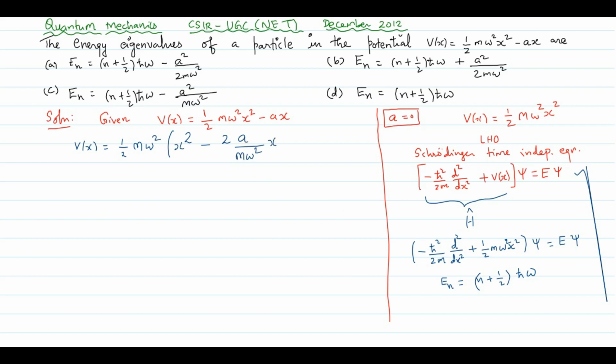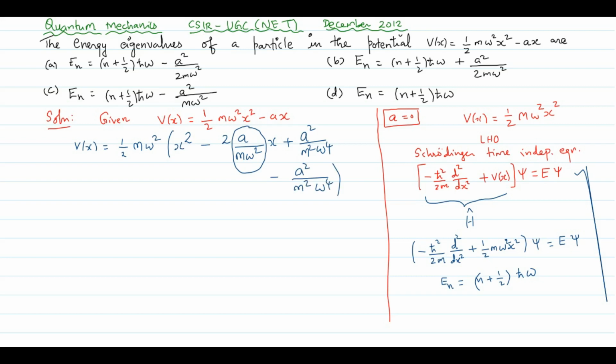So this looks like a x square minus 2ab, so this you can treat as a b. So add this term and subtract this term. When I add this term, square of this term, b square, that is a square by m square omega power 4, then minus a square by m square omega power 4.